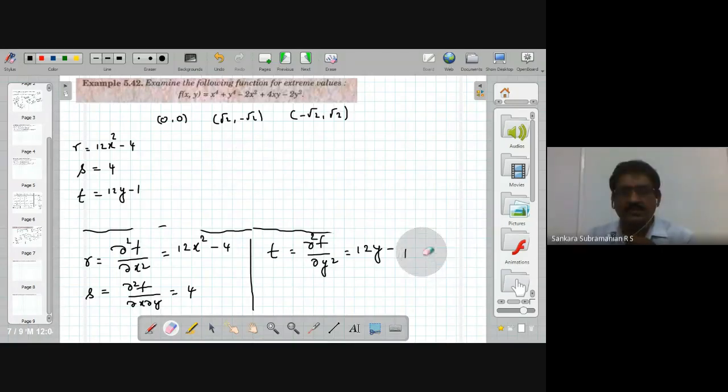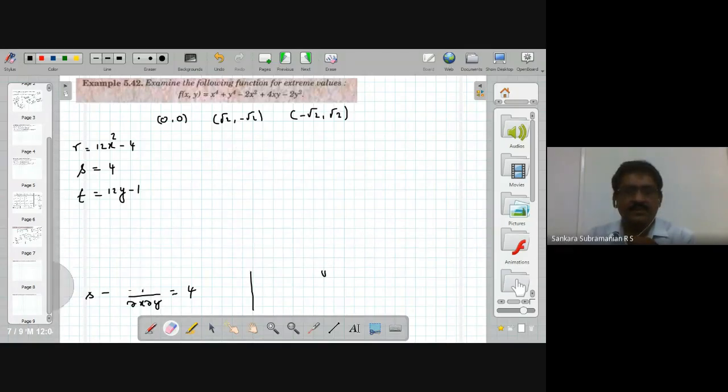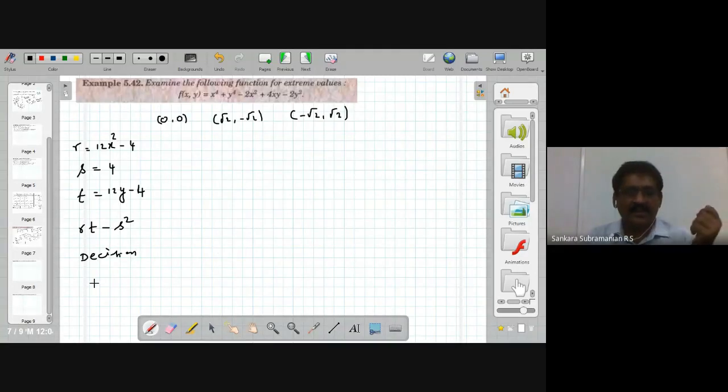So 12y square minus 4. And I have to find RT minus S square. Then I have to make a decision whether it is a saddle, maxima, or minima. Then I have to find the extreme values. Extreme values means a maximum value or a minimum value, right? So do it now.